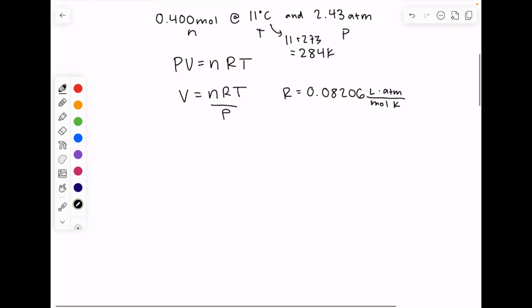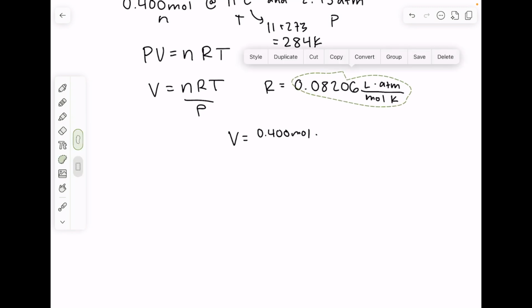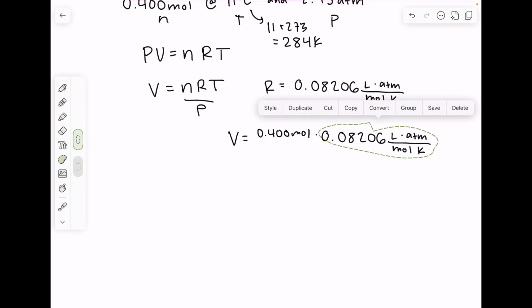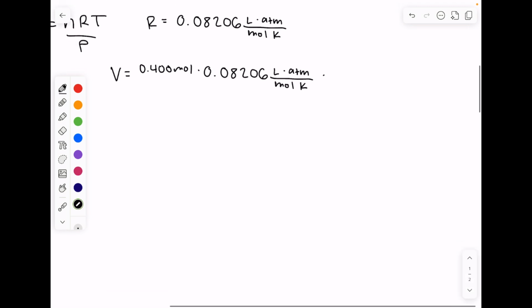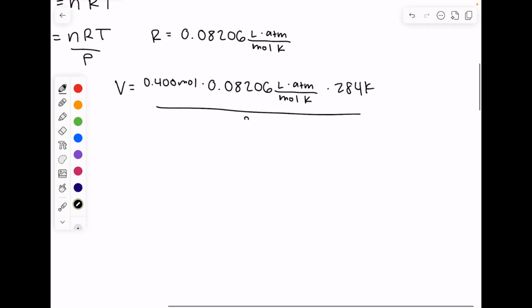So we can go ahead and plug these values in. So volume is going to be equal to N, 0.400 mole, times R, which is this value here, times T, which is 284, divided by the pressure, which is 2.43 atmospheres.